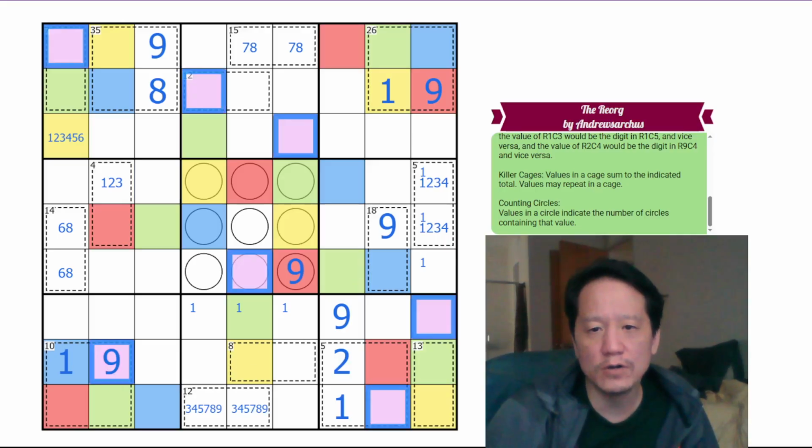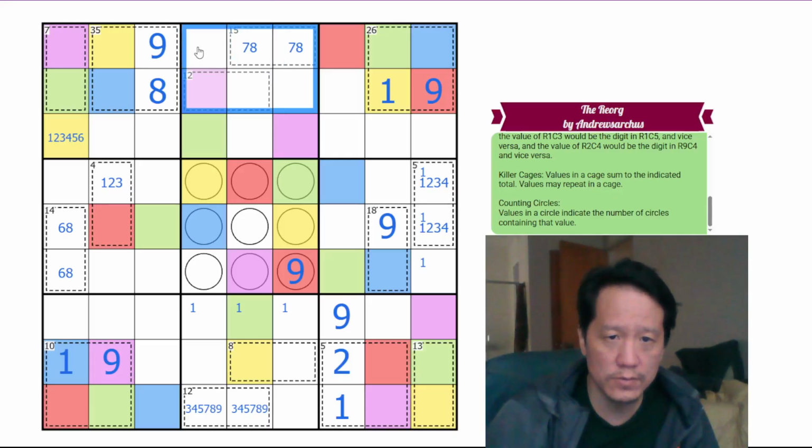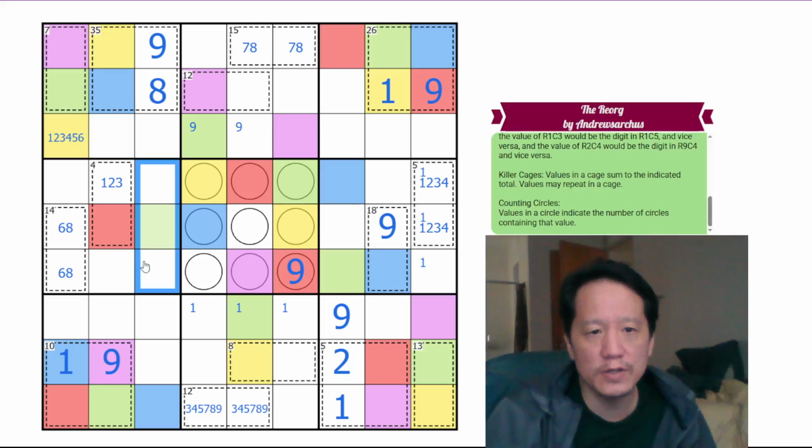So, where are all the 9s? We should have a lot of them. 9 cannot be here. Cannot be here. So 9 is one of these two digits. 9 cannot be here, here, here in box 4, so it has to be here.